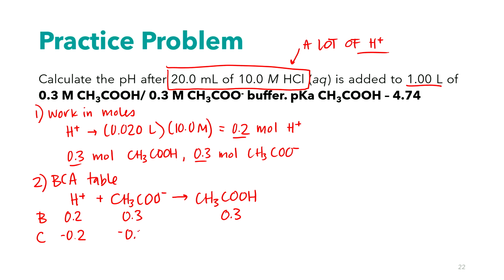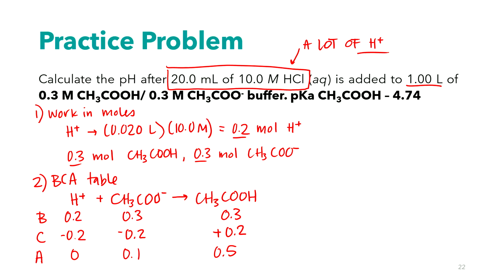All of it gets consumed, but as that happens, I am making 0.2 of my acetic acid. So after this has happened, I have neutralized all of my H+. I have a little bit of my CH3COO minus left, and I have a lot more of my CH3COOH. Now I've got my values after we've neutralized our additional H+.